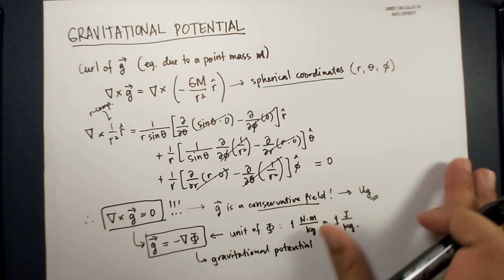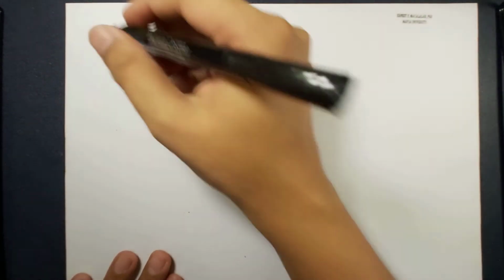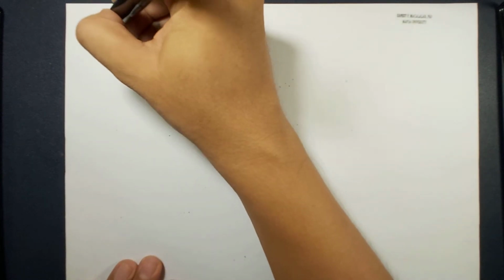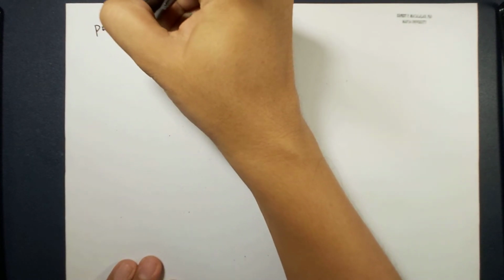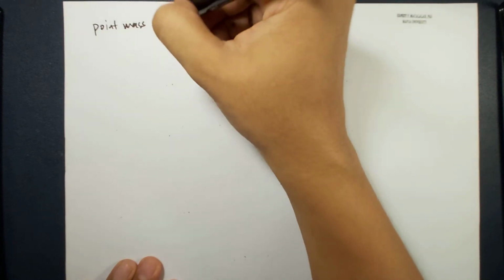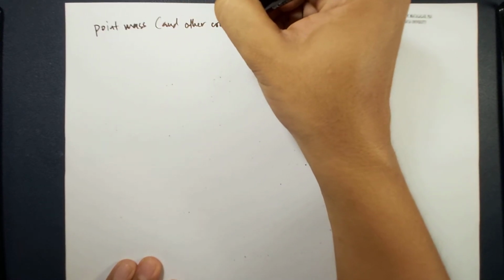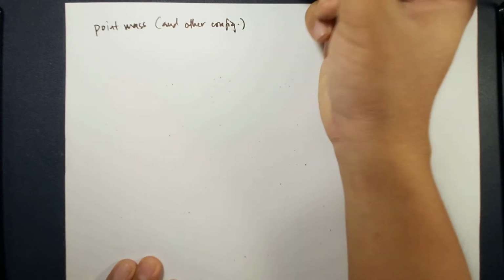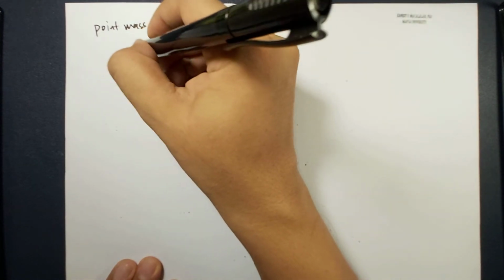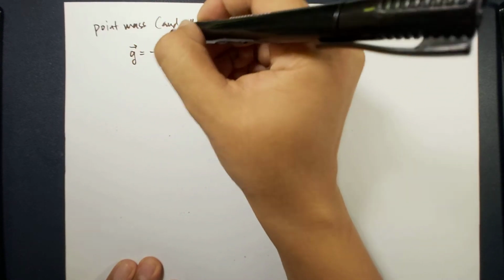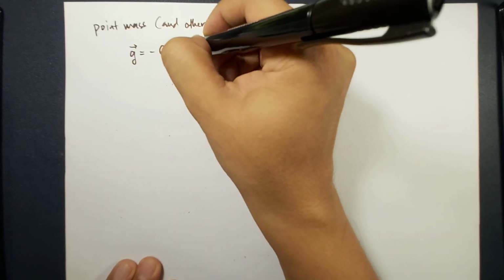Now, for a point mass distribution, or for a point mass and other configurations, g is equal to GM over r squared r hat.